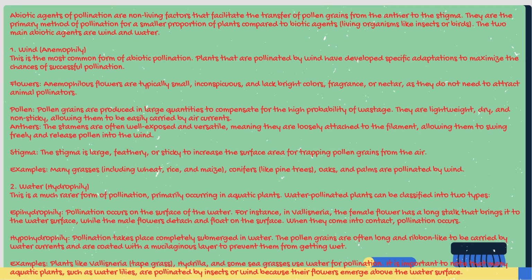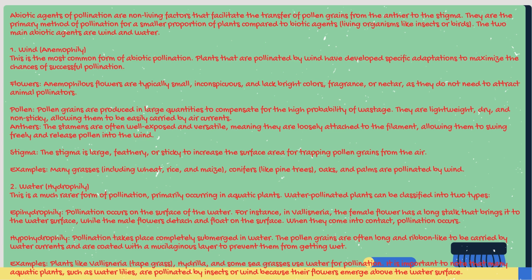Abiotic agents of pollination are non-living factors that facilitate the transfer of pollen grains from the anther to the stigma. They are the primary method of pollination for a smaller portion of plants compared to biotic agents, living organisms like insects or birds. The two main abiotic agents are wind and water.